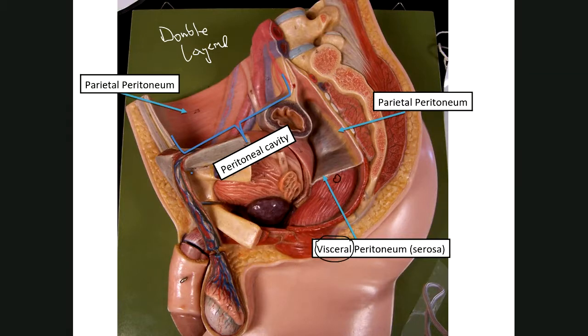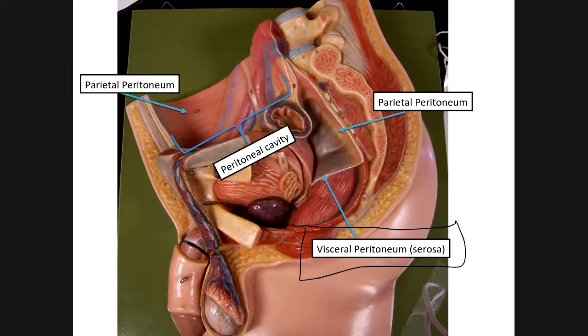There's the organ right there, and that's touching it. It forms the outer layer of this particular organ. And so that is our serosa. So the serosa and the visceral peritoneum are the exact same thing.